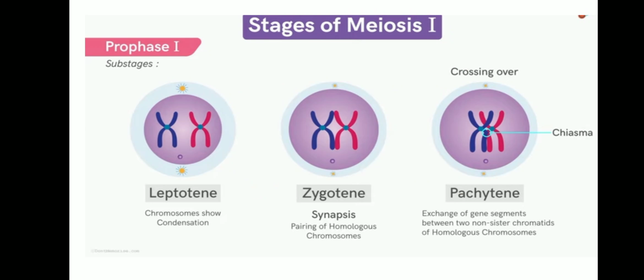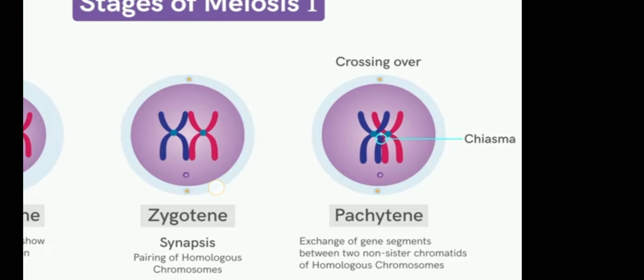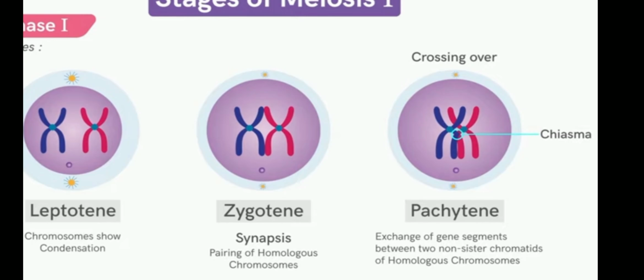And next stage is what? Pachytene. So in pachytene, what happens? See here clearly. The chromosomes are pairing each other and forming the bivalent. Each bivalent now contains 4 chromatids, called the tetrad stage, and the homologous chromosomes of each pair begin to separate.